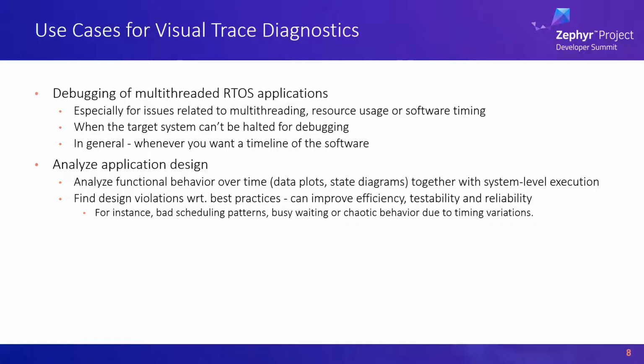Another aspect is to find violations of best practices. Developing multi-threaded software is pretty hard, and there are a lot of best practices in the industry that are important to follow. Otherwise, your application might become inefficient or unstable.